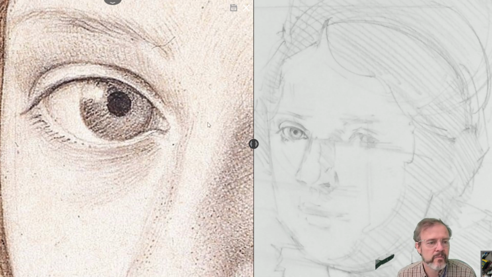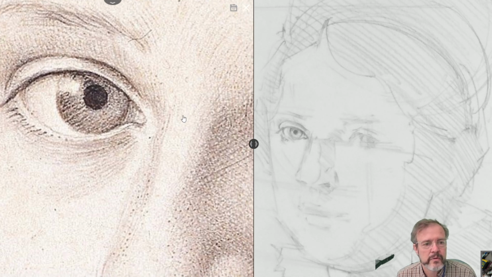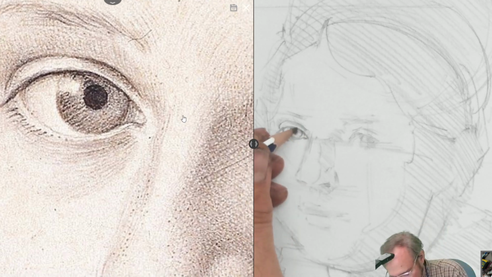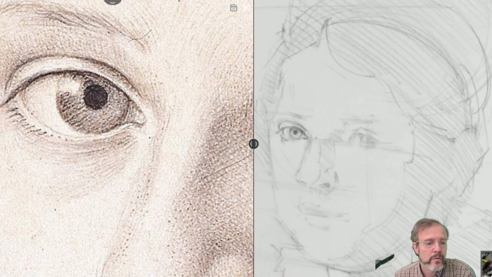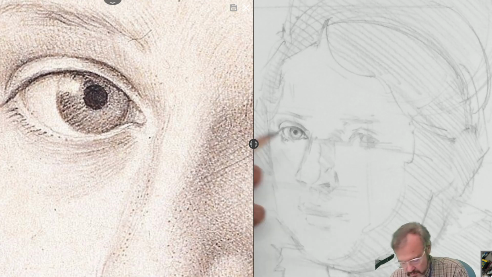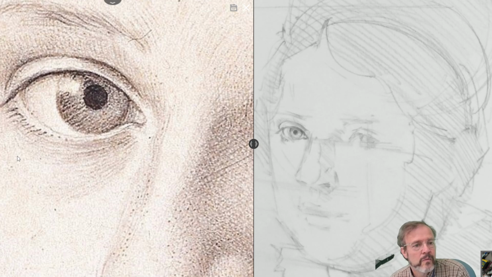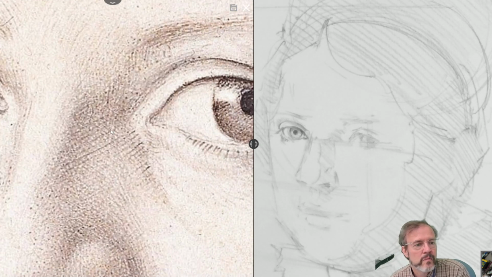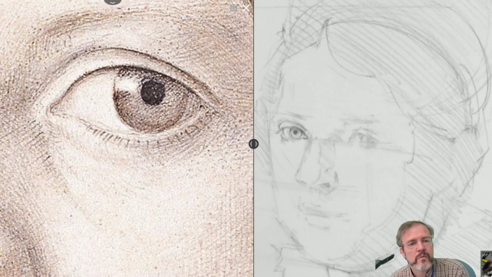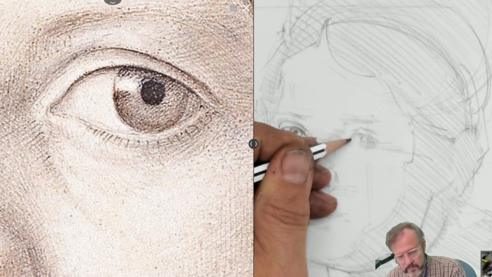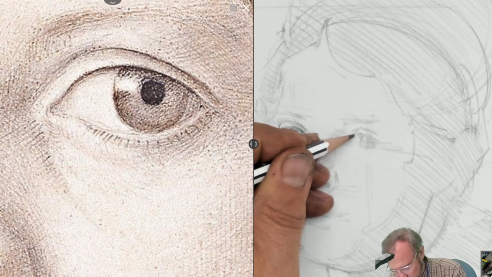And we're gonna look at the other one now. So here's the other eye.